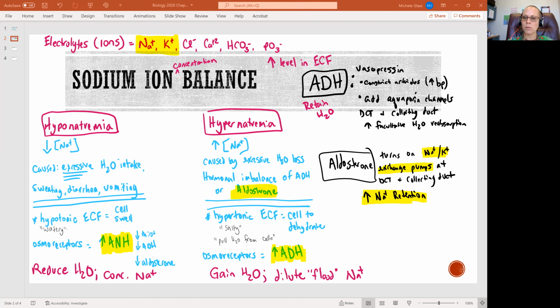I think the last thing that I want to say here is that a high osmolarity in the extracellular fluid will shut off aldosterone. So we should see this relationship happening here as we talk about regulating sodium and potassium levels.